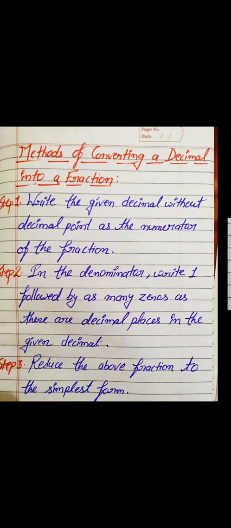For example, here we have to convert each of the following into a fraction in its simplest form. The first one is 0.5. So what is the rule? First we write 0.5 without the decimal as 5, and in the denominator 1 followed by as many 0s as there are decimal places in the given decimal.